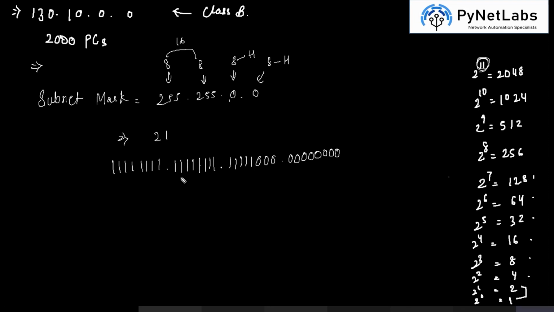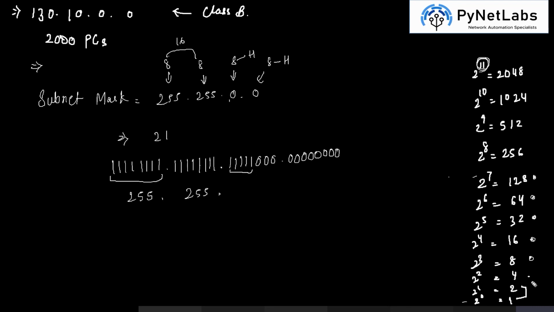Perfect. So now we will just simply calculate the subnet mask. We know the 8 bits, from 2 raised to the power 7 to 2 raised to the power 0, sum up to 255. Then again we have 255. Then in this case, we have only 5 bits as on. So we'll keep the first 5 bits as on, which are 128, 64, 32, 16, and 8.